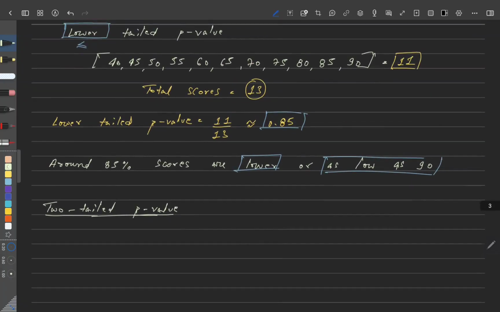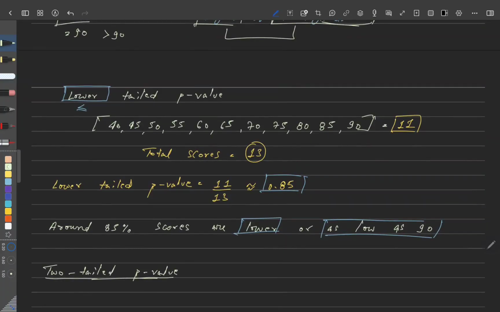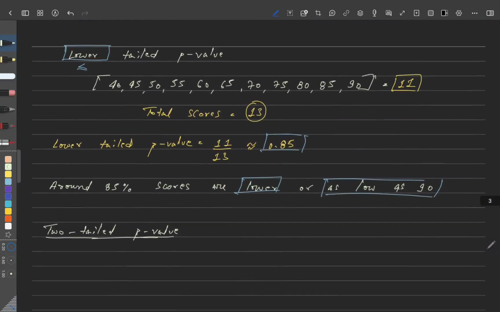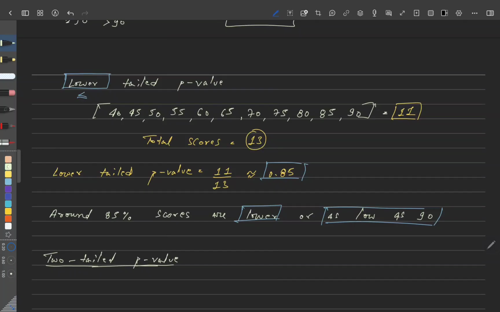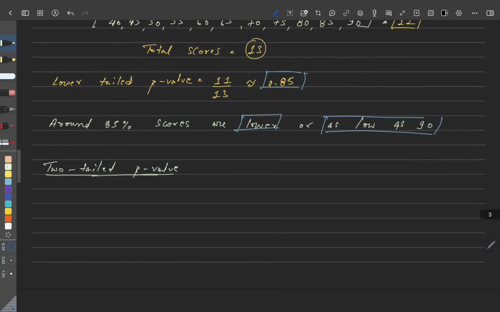This basically gives you a single representative number which tells you how rare, extreme, or unusual your reference value is, because you calculate the p-value for a reference value, which in our case is 90. So it tells you how rare, how unusual, or how extreme that value is in a given data set. That is the significance of calculating p-value. Coming back to our two-tailed p-value.